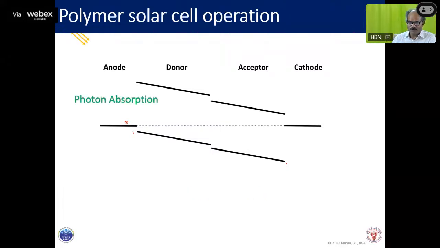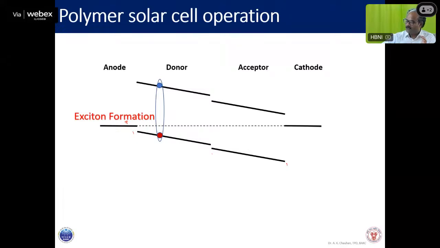Now when a photon falls, let us say it falls on the donor side. It can be on the acceptor side also; the things will remain the same. Now, though an electron and hole pair is generated, they will remain bound.